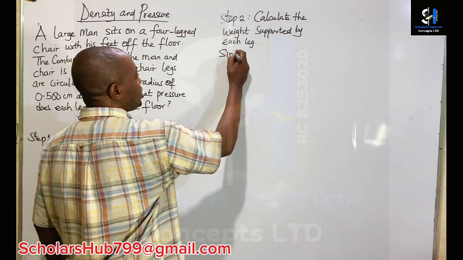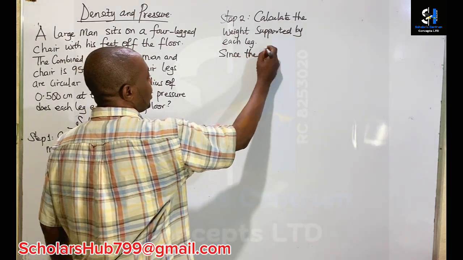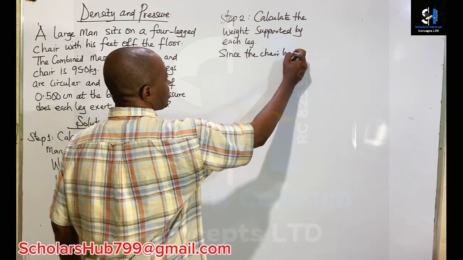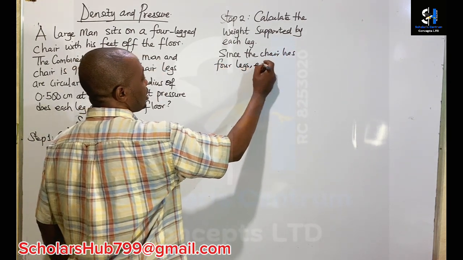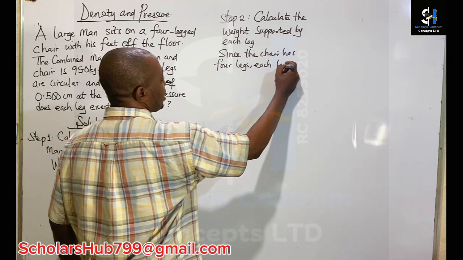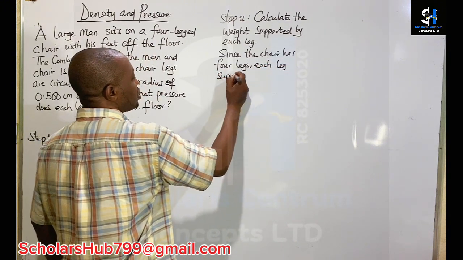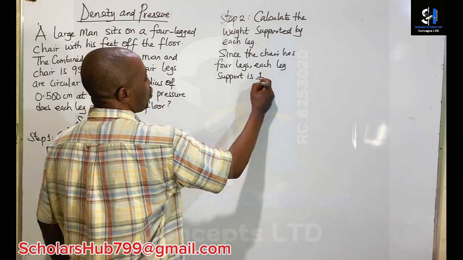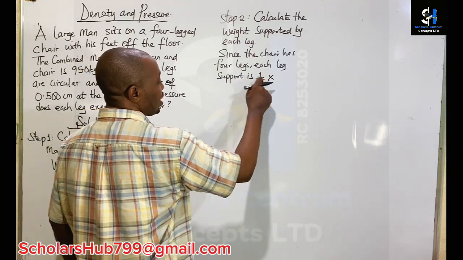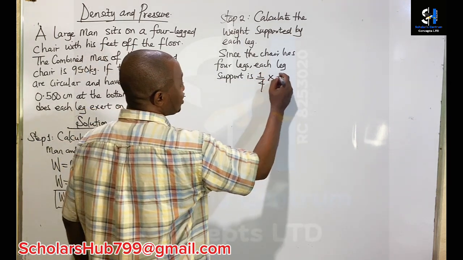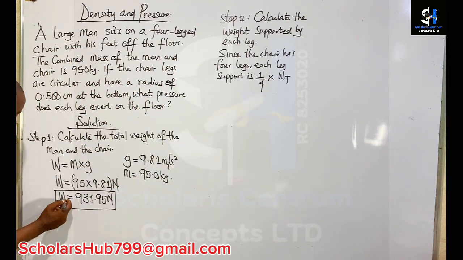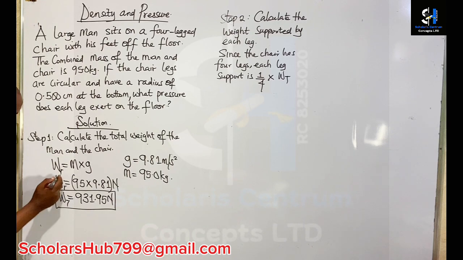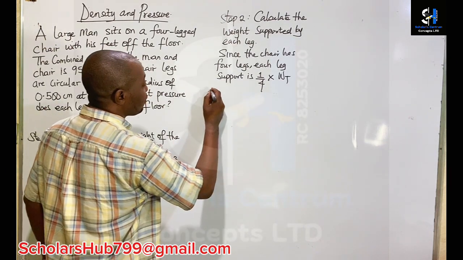Since the chair has 4 legs, each leg supports the product of 1/4 and the total weight of the man and the chair. Let's have the total weight as W subscript T.